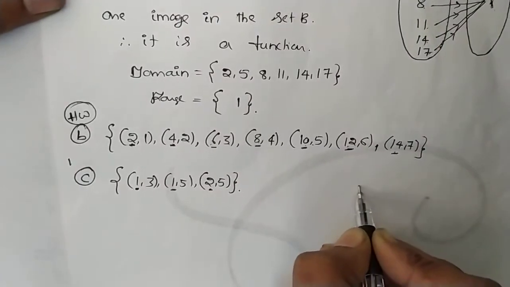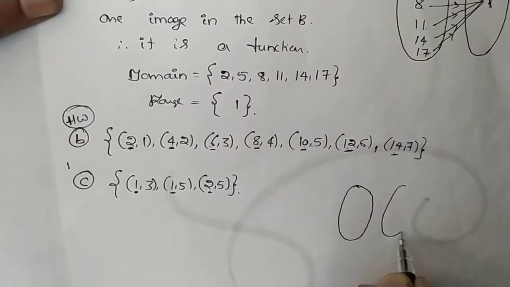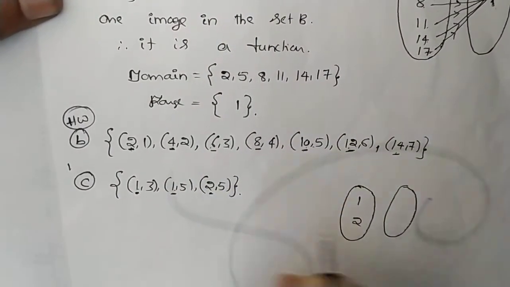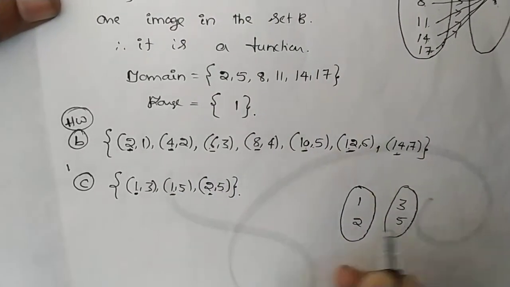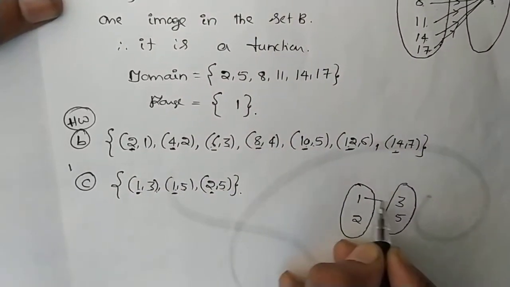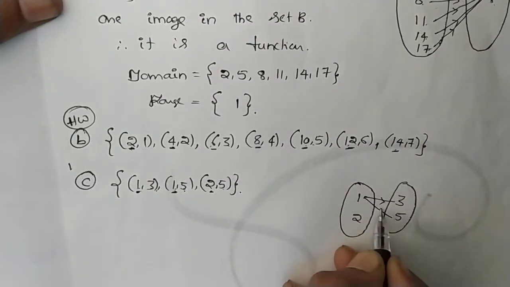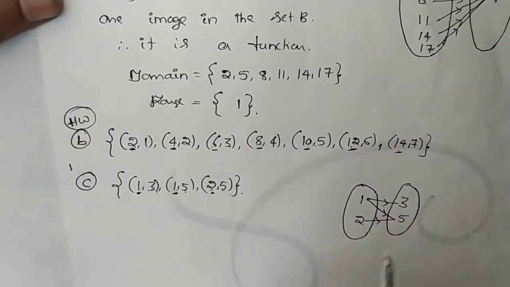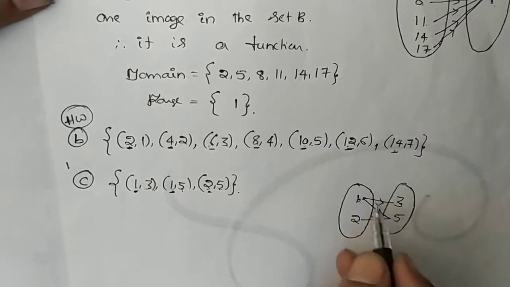If you want to represent this in an arrow diagram, you have 1 and 2 on one side, and 3 and 5 on the other. 1 is related to 3, 1 is related to 5, and 2 is related to 5.